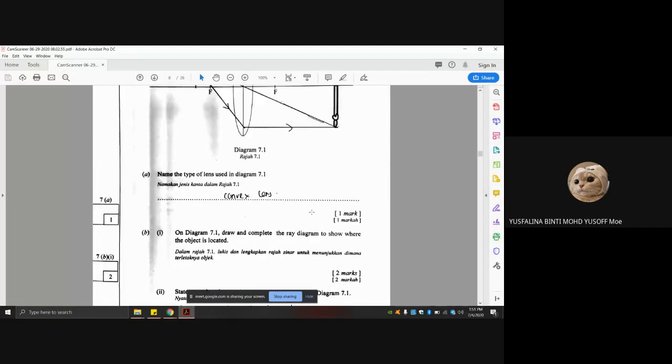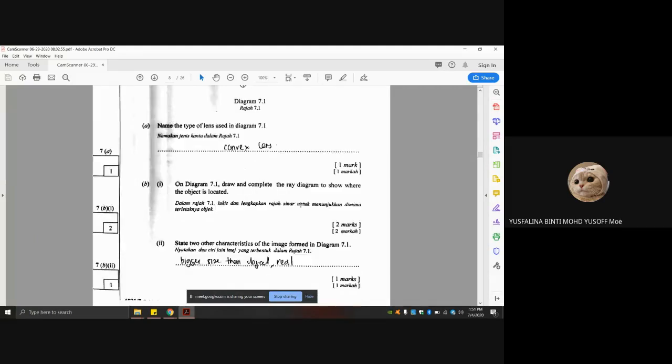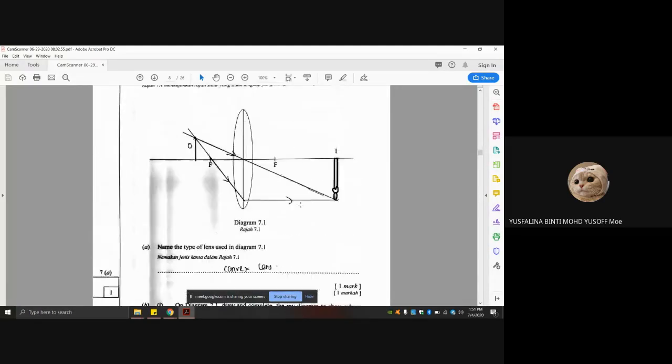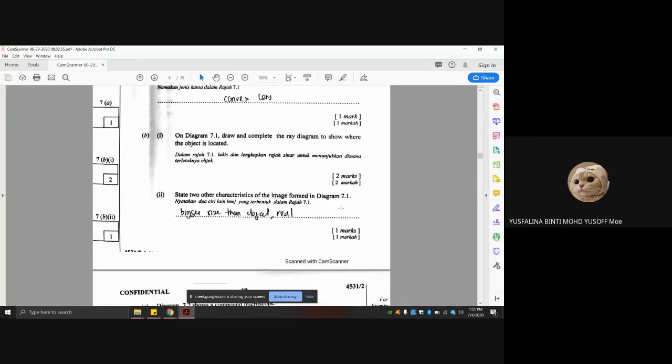So one is a bigger size: comparing the size of object and size of image, the image is bigger than the object. And the other one is real, because the image forms behind the lens. So the answer is real and bigger than the object.